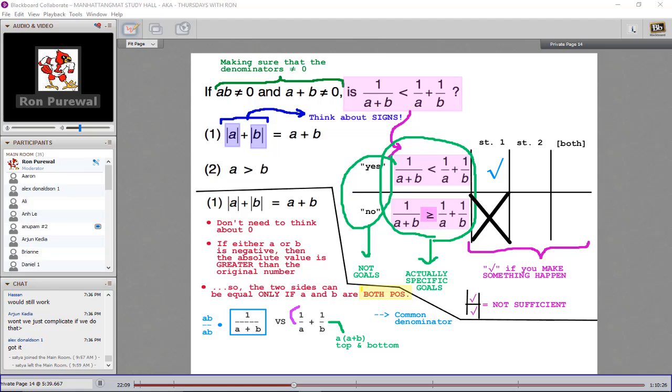Let's move that. Okay, we want B times A plus B here. And then we want A plus B there.